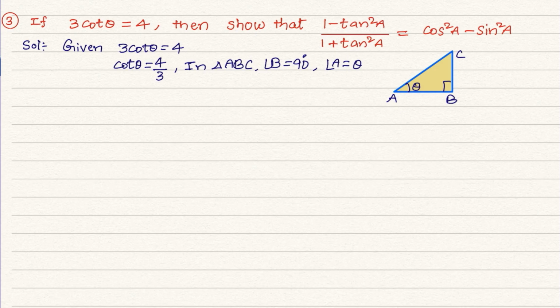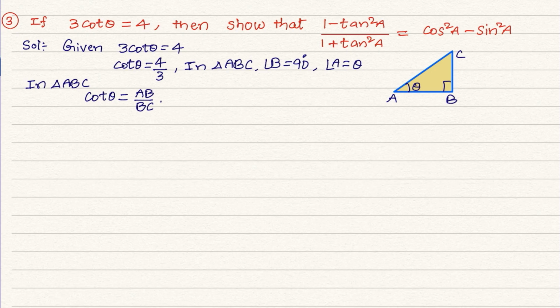Now we define what is cot theta in triangle ABC. In triangle ABC, cot theta is adjacent side by opposite side. So it is adjacent side AB and opposite side is BC. So we write it as AB by BC.